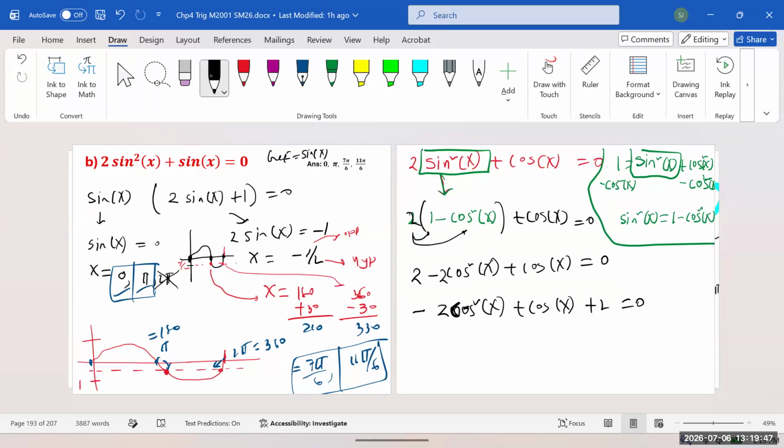I just rewrote in decreasing power order. And then we don't want the negatives, so we can multiply both sides by -1. We get +2 cosine squared x minus cosine x plus 2 equals 0.